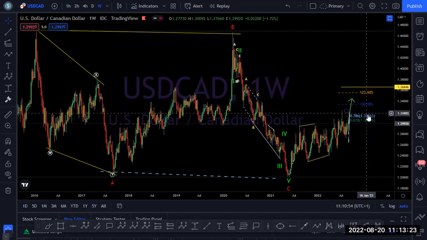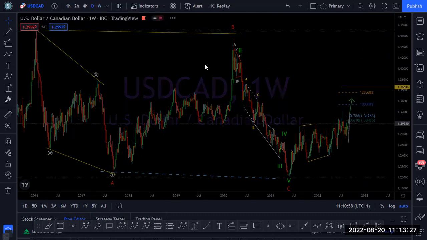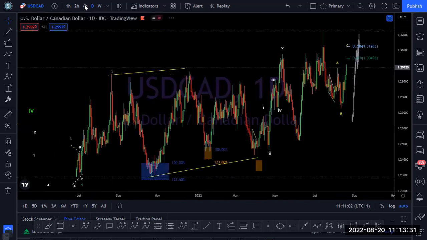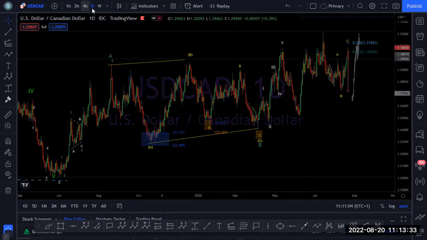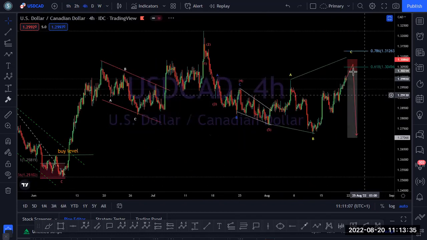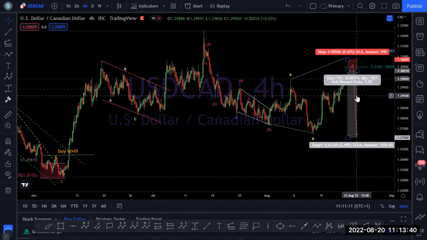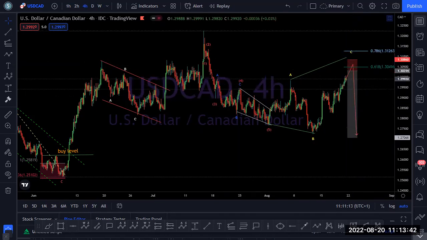This is where we are going. But the market doesn't move in a single line. So probably after that very move, I'm expecting wave 4, which means if it triggers, then we go to 1.33, 1.35. Okay, that's for USDCAD.